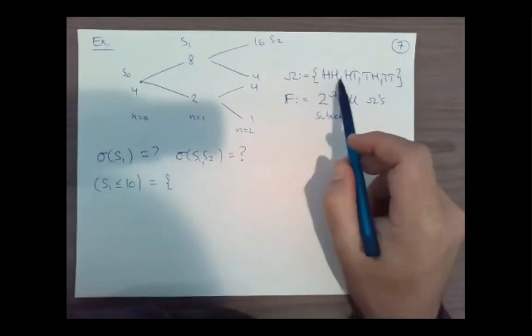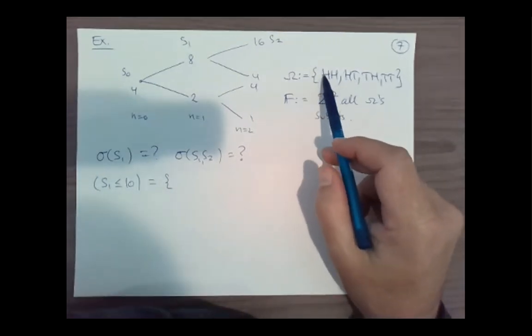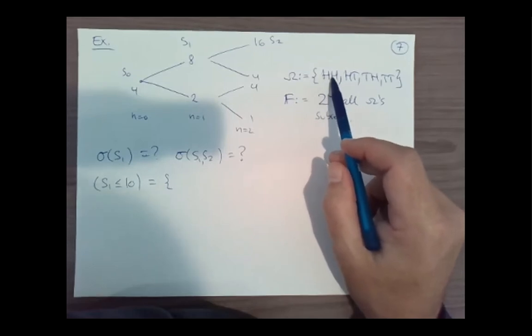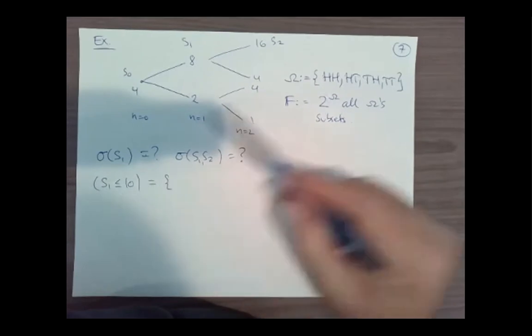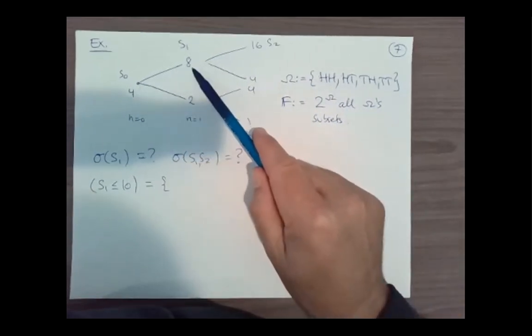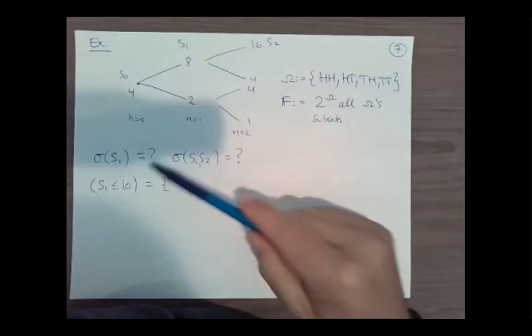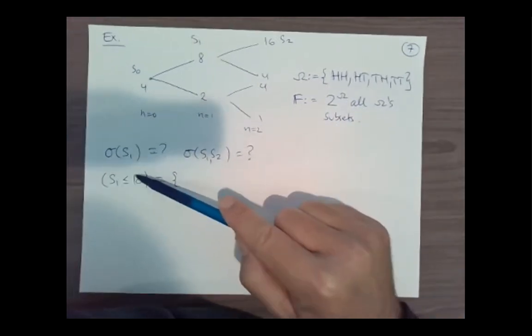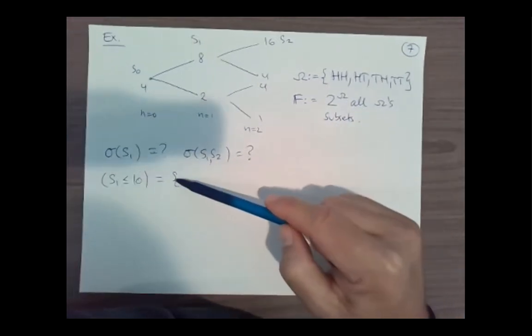Try one of them. If I take S1 of HH, I get the value 8. 8 is less than 10. That means that HH is in here.